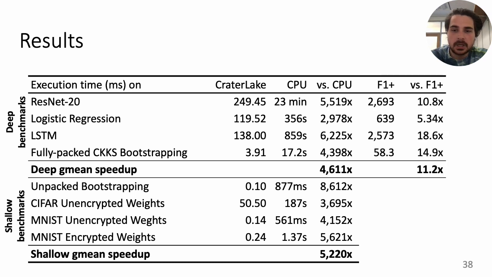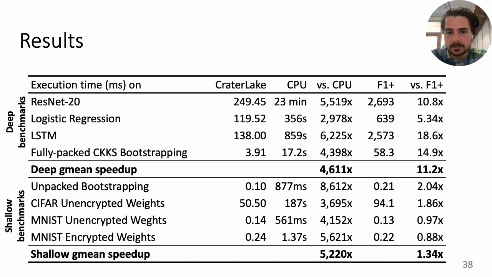We also compare Crater Lake to F1 Plus, a scaled-up version of F1. Crater Lake achieves large speedups over F1 Plus on deep benchmarks, outperforming it by 11x and up to 18x. By contrast, Crater Lake and F1 Plus achieve comparable speeds on small benchmarks, with a G-mean speedup of only 30%.